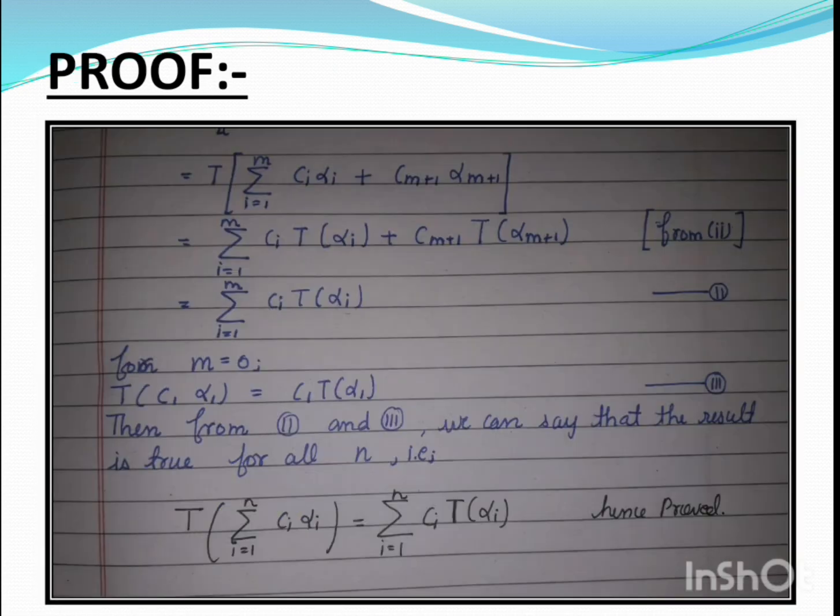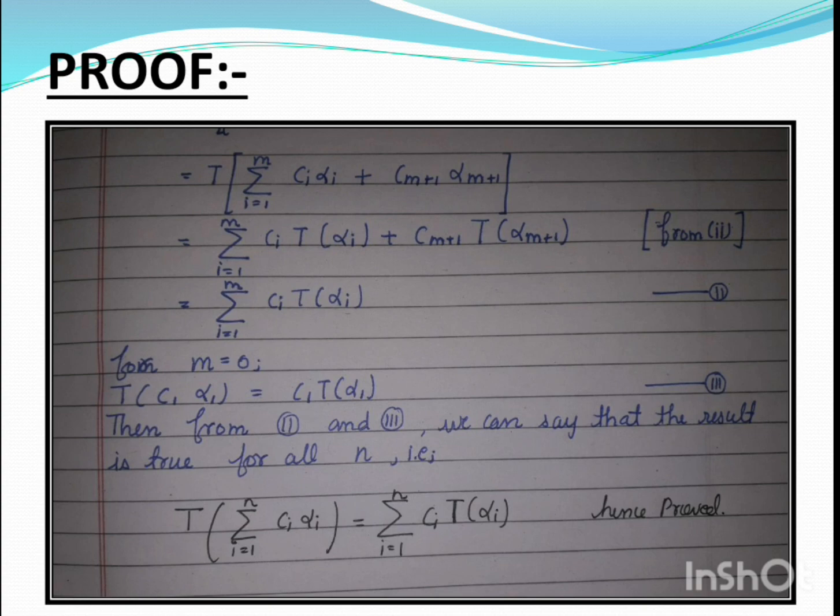Now we can write it as T of the summation of i equals 1 to m of Ci alpha i plus Cm plus 1 alpha m plus 1. This equation can be written as the summation of i equals 1 to m of Ci T of alpha i plus Cm plus 1 T of alpha m plus 1. The current equation came out from the second formula. Now the above second line can be written as the summation of i equals 1 to m of Ci T alpha i. Let it be equation 2.